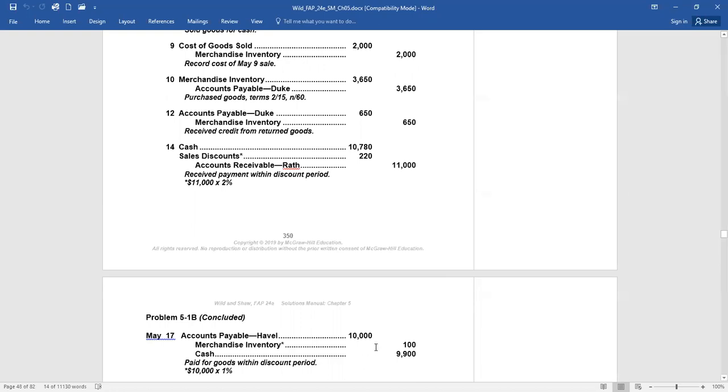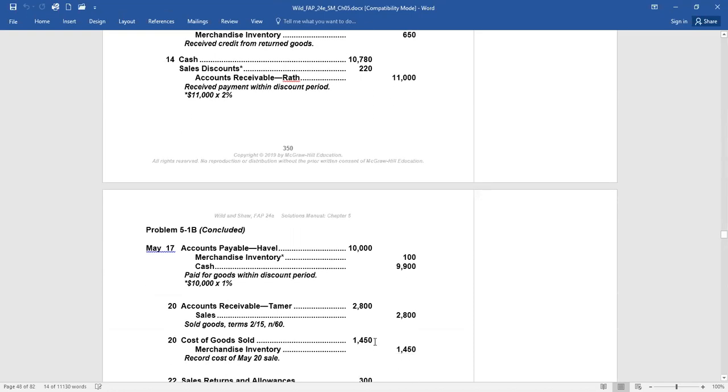So what does IKEA do? Remember, they have a two-pronged journal entry whenever they sell. They're going to debit accounts receivable Tammer $2,800 for the amount the customer owes them. They're going to increase their sales account for the revenue. That's the revenue, $2,800, what they charge the customer.